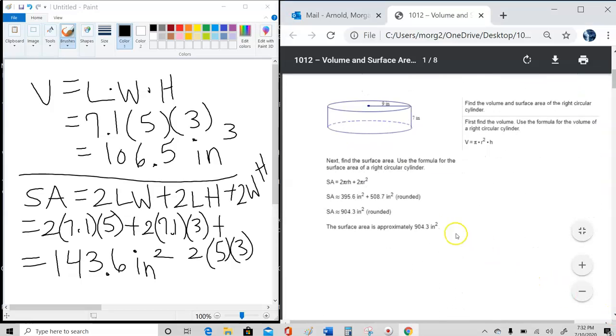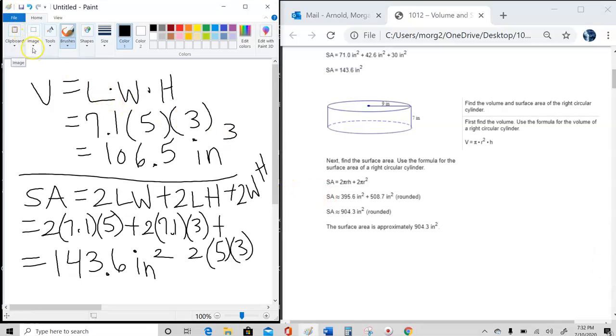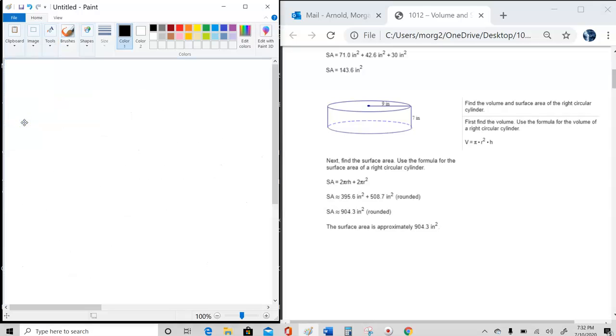Find the volume and surface area of the right circular cylinder. So the volume formula first. It is pi times your radius squared times the height of the cylinder. So we just plug in everything.